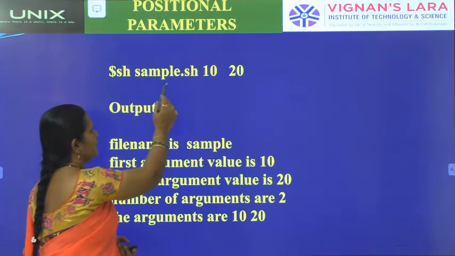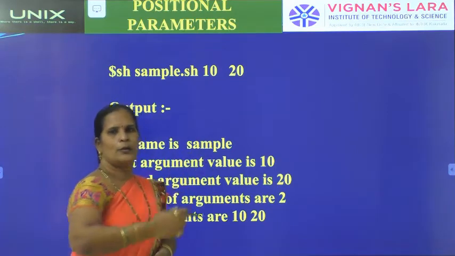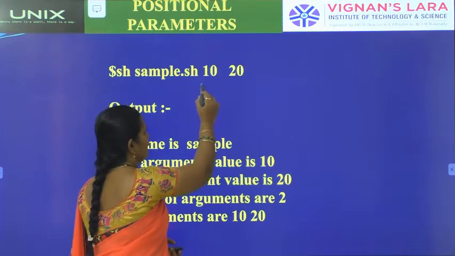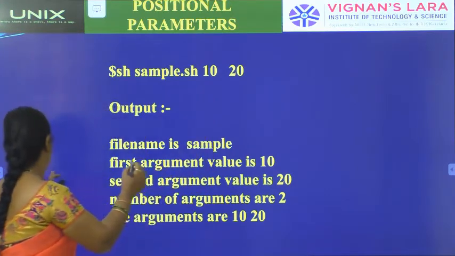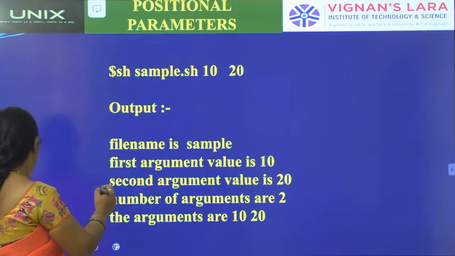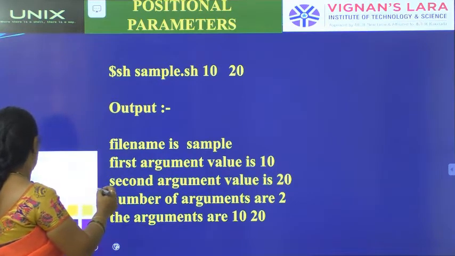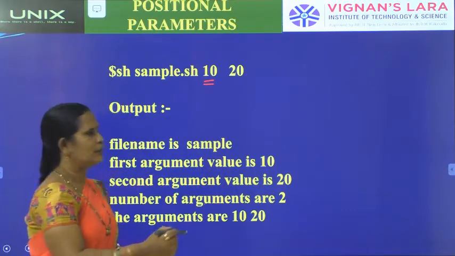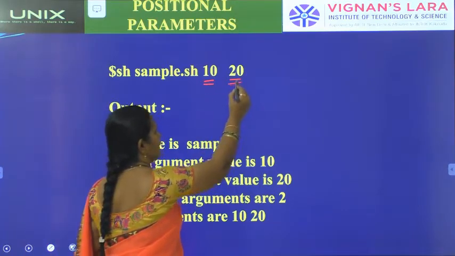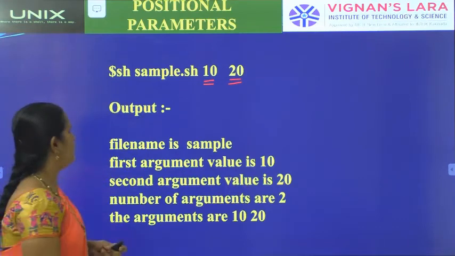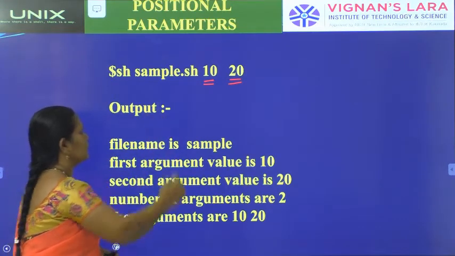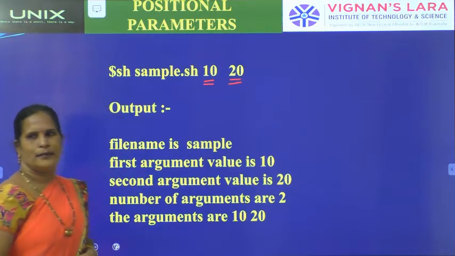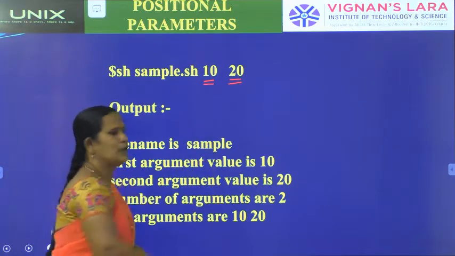So sh sample.sh followed by argument values. Here I am specifying 10 as the first argument value and 20 as the second argument value. Automatically $0 is going to store sample, $1 is going to store 10, and $2 is going to store 20.